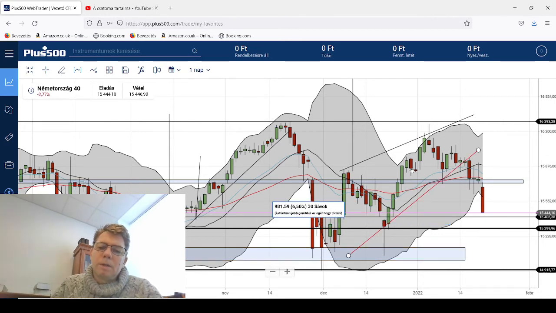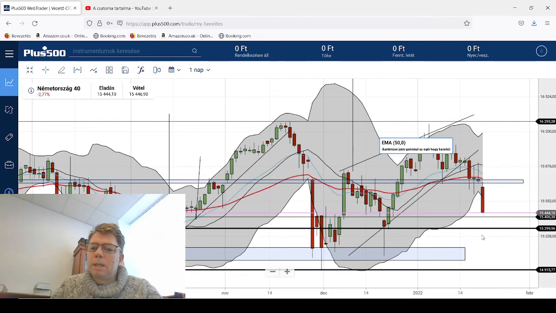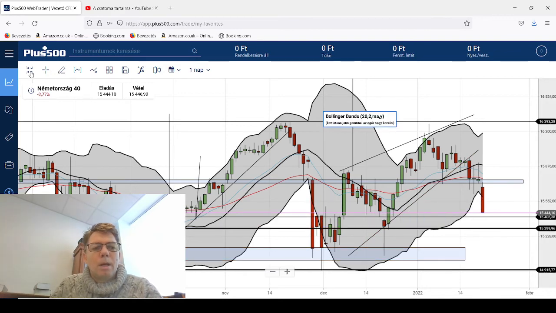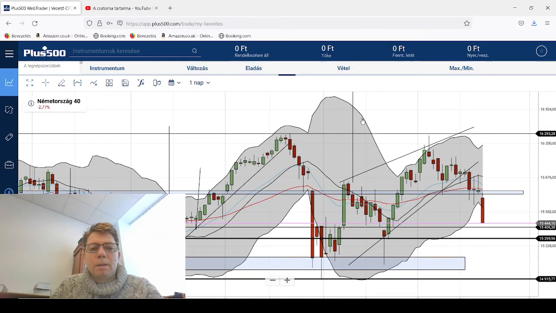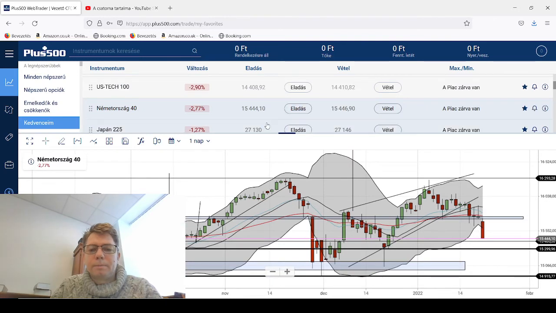In fact, this wedge is suggesting that we are coming down at least to 15,300, but most probably to this previous low area.